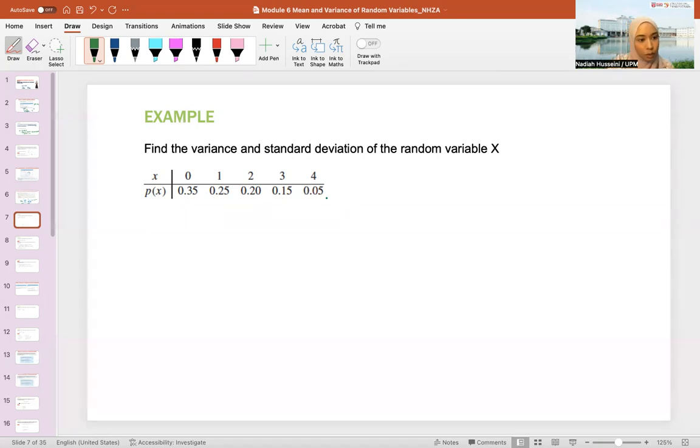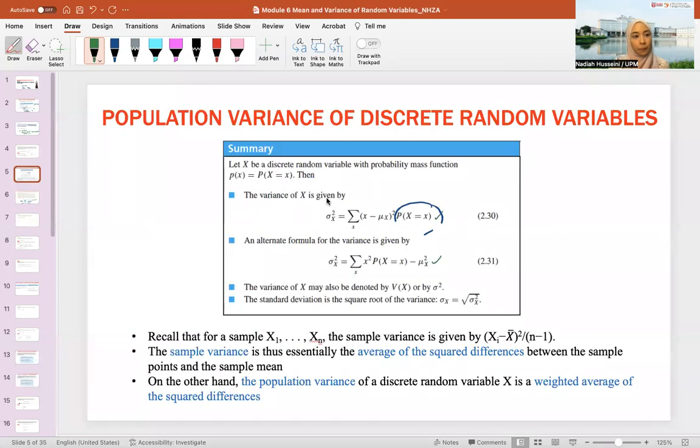So let's look at the equation again. Okay, so our equation is this. How do we use it? So sum of the random variable minus the mean of the random variable squared times the probability. Which one should we use? Let's use the first one. X minus mean, okay.